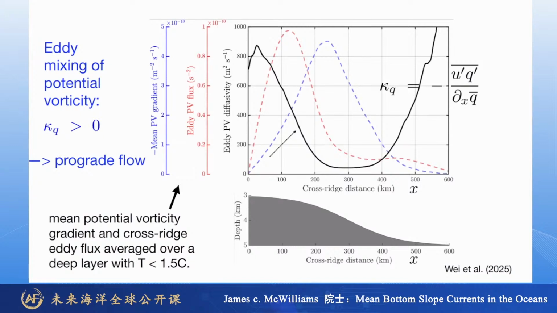That is, this is eddy potential vorticity mixing in the deeper layer of the ocean adjacent to the topography. And that is the mechanism of topographic turbulence, originally identified for barotropic flows and barotropic eddies, but here for three-dimensional baroclinic flows.